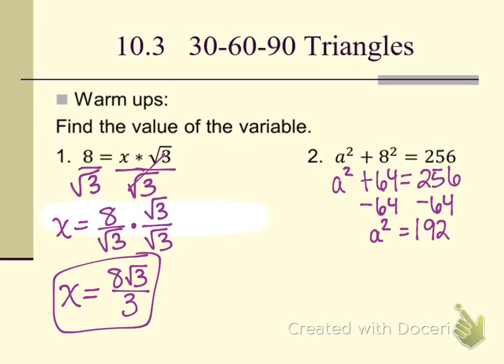square root both sides. When I square root 192, is that a perfect square number? No. So we have to break it down. What can 192 break into? I hear 96 and 2.